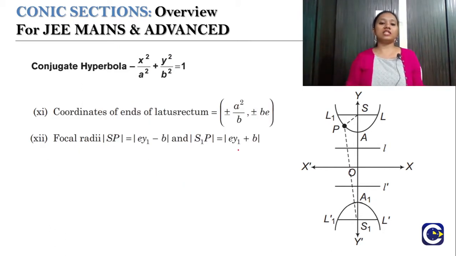Our coordinates of the ends of the latus rectum will also follow the same pattern, plus or minus a square by b and plus or minus be, and the focal radii also have the same terminology. So whenever we see a hyperbola and the conjugate hyperbola, the thing you have to remember is the axis will be different. The hyperbola lies along the x-axis, whereas the conjugate hyperbola lies along the y-axis.